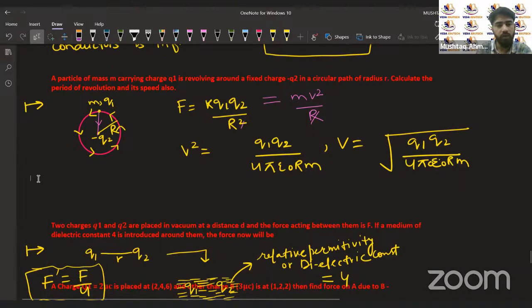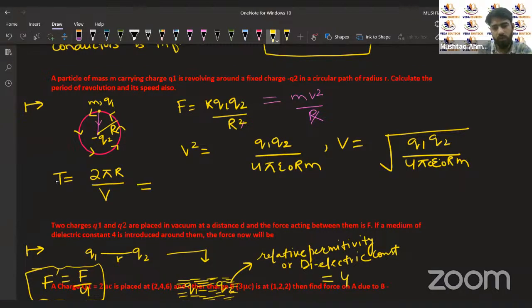Now, the question is asking to calculate the time period. So time period will be the total circumference traveled by this charge, that is 2 pi r, upon the velocity. So 2 pi r upon velocity, or the speed. It's not the velocity, it is speed.